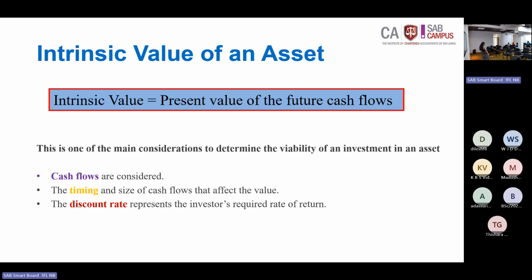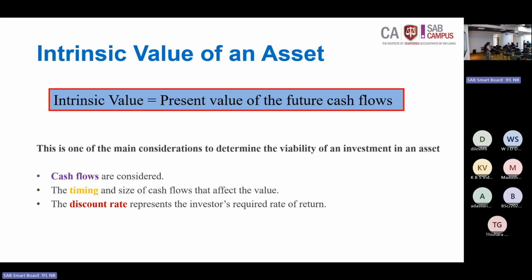The first one, intrinsic value. What we are going to do now is value something. If we are going to value something, what is the basis? The basis is intrinsic value, right? What do you mean by intrinsic value? Intrinsic value refers to the present value of the future cash flows, like NPV.